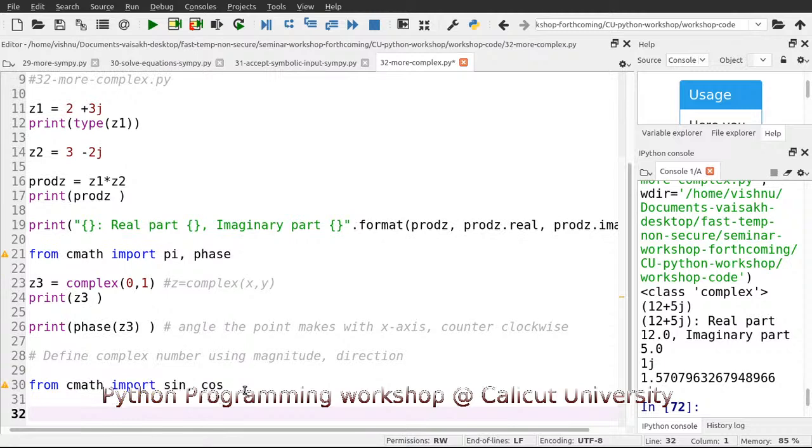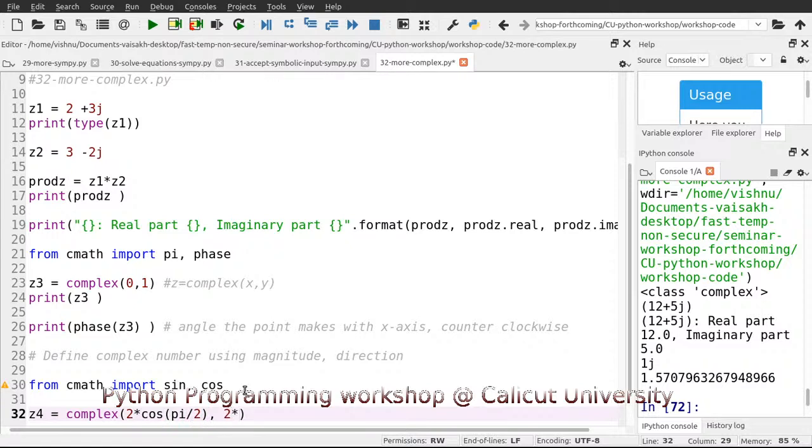Right? z4 equal to complex, whatever your r is, say r equal to 2, 2 cos at an angle of pi by 2, yeah, pi by 2 itself we will use.